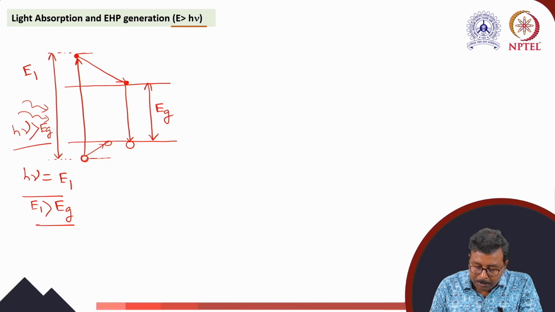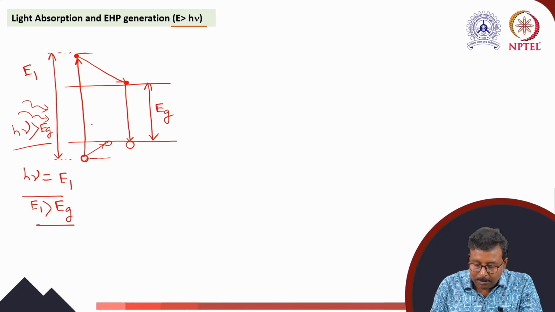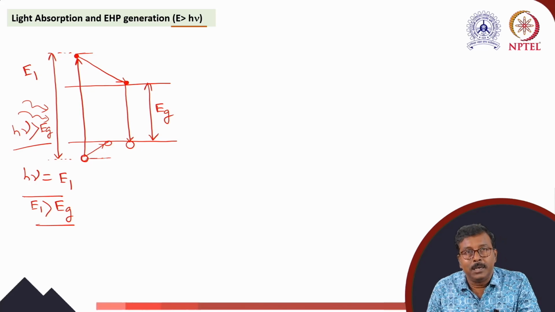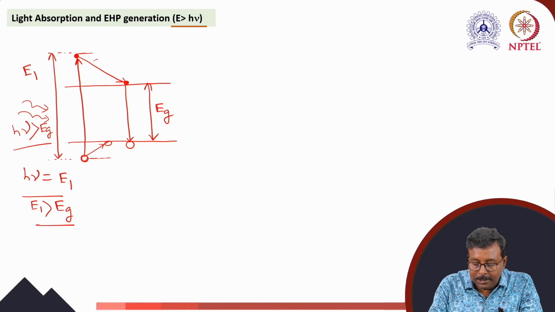So this process from valence band to conduction band transition is called absorption, and this process from conduction band to valence band is called radiation or emission, and this is also called recombination. Basically, the electron recombines with the holes in this process, and in between there is a process due to lattice scattering.